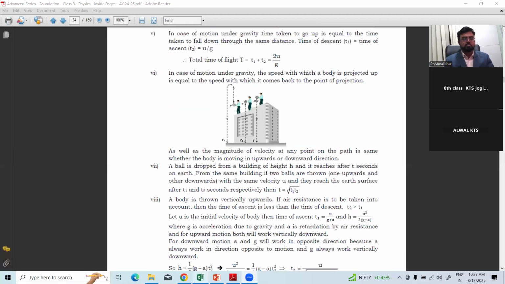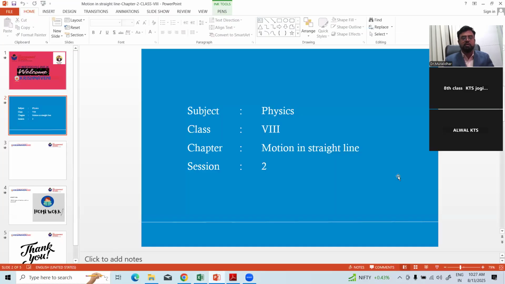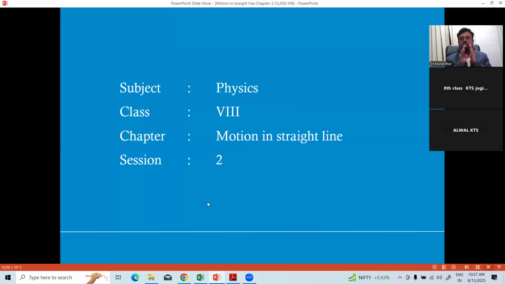What we discussed today: after knowing about motion and rest in the last class, today we have seen some few types of motions, just to recall the earlier classes. Then we entered into the terms related to motion.